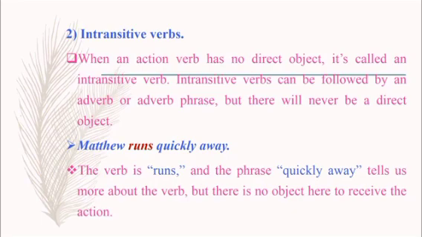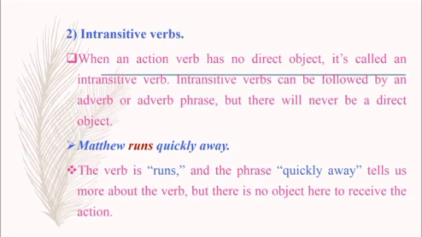Example sentence: Matthew runs quickly away. Here, the verb is runs and the phrase quickly away tells us more about the verb, but there is no object here to receive the action.